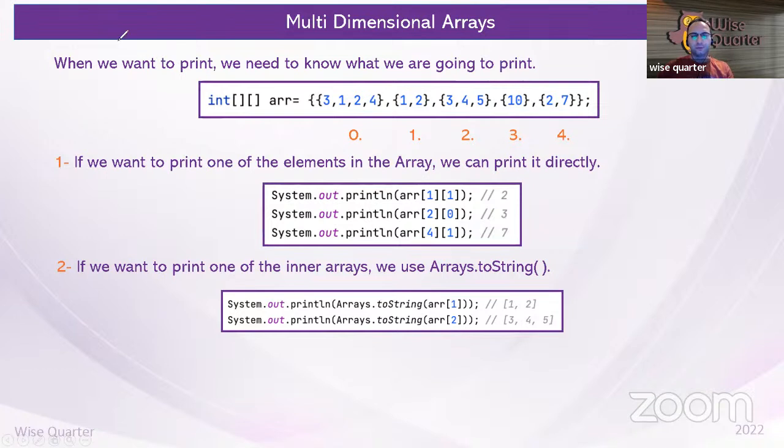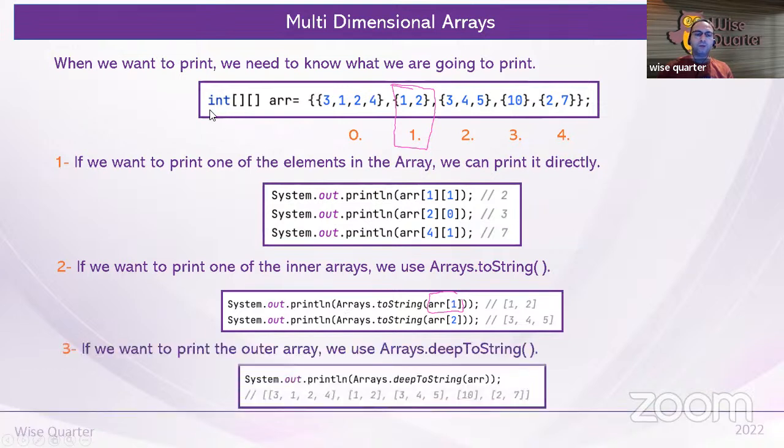This one, array index 1, means another array, as you can see. This is the array's second element, and it is also another array. To print an array, we ask help from the Arrays class. Don't forget that, even though it's an inner array, still it is an array. To print it, you should use the Arrays class.